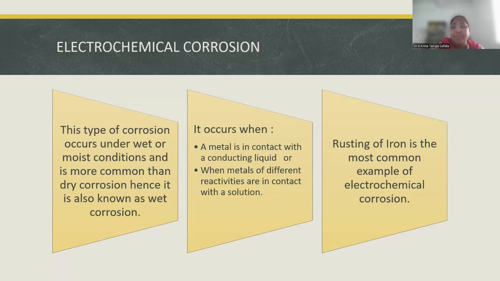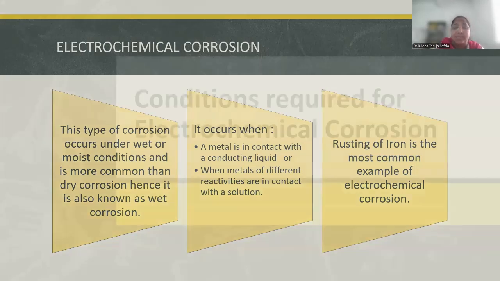That means for electrochemical corrosion to happen, the metal should be in contact with a conducting liquid, which acts as an electrolyte, and the metal has to be exposed to different reactive conditions within a solution. The best example of electrochemical corrosion, which we all commonly know, is the rusting of iron.